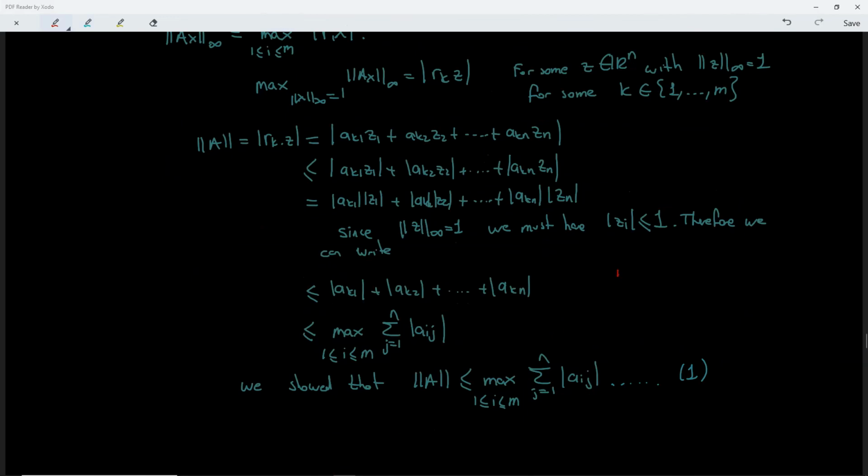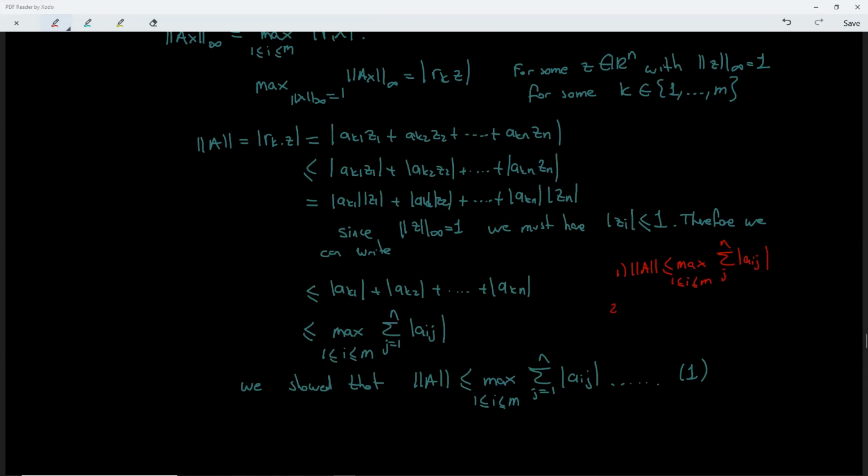So we will first show that norm A is less than or equal to the maximum over 1 to m of the summation over j of the absolute value of aij. Okay.